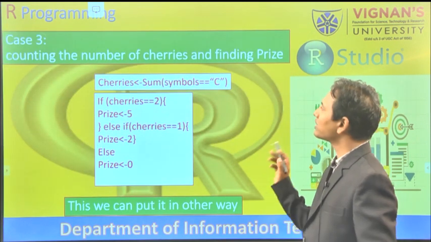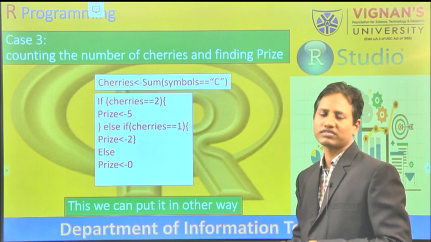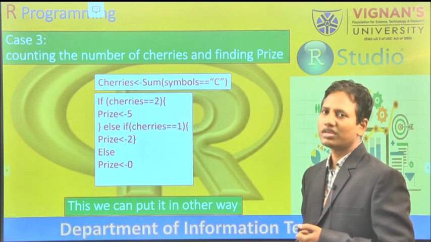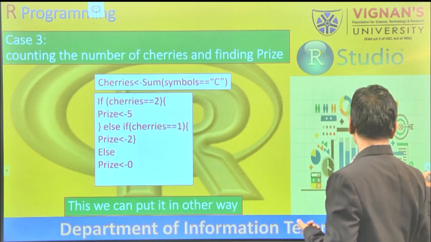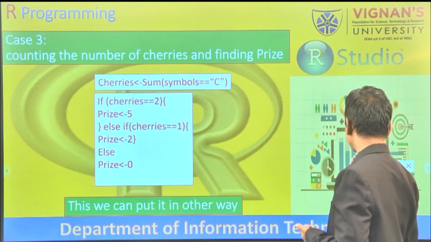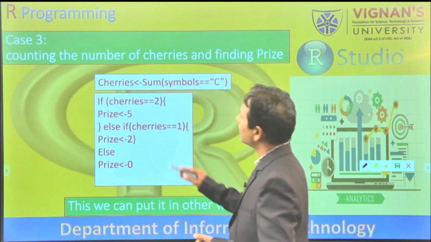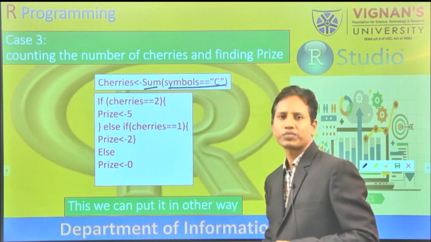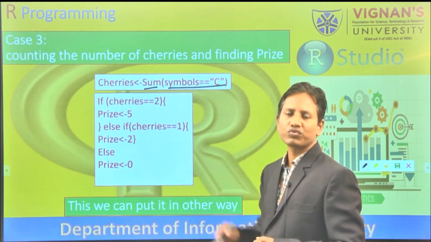So now case 3, counting the number of cherries and finding the price. Now how to find the number of C's? So we have a function called sum. To this sum, if I pass this symbols is equal to C. So how is this going to work?